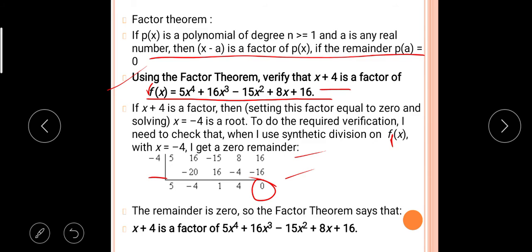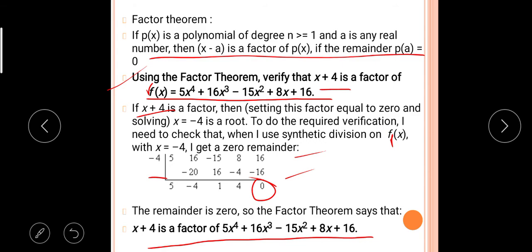No need to explain synthetic division again. Now the remainder is 0, so we can say that x plus 4 is a factor of 5x raised to the power 4 plus 16x cube minus 15x square plus 8x plus 60.